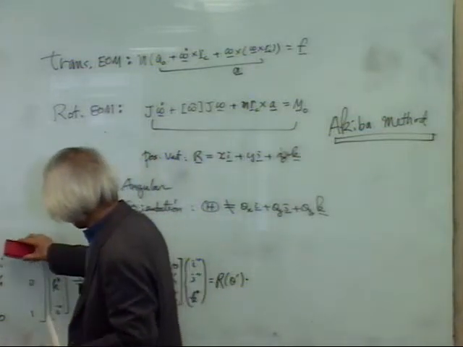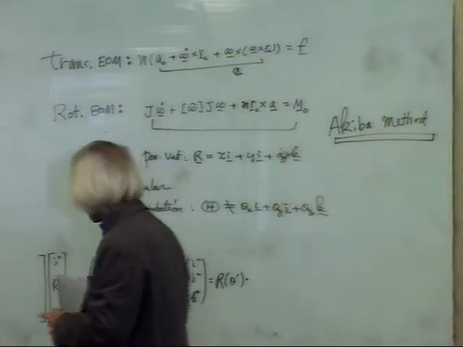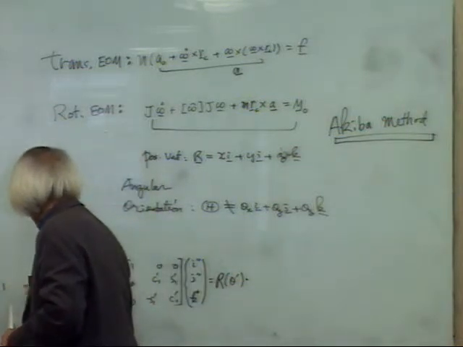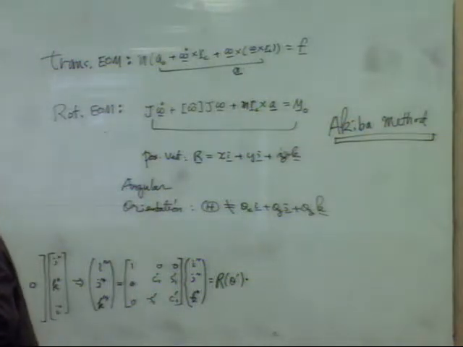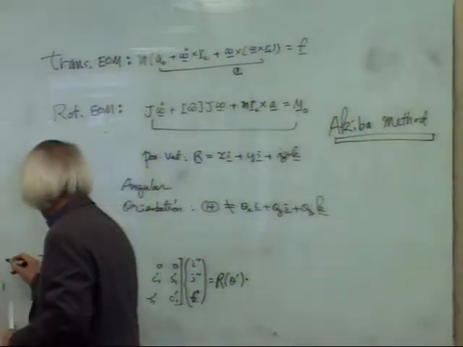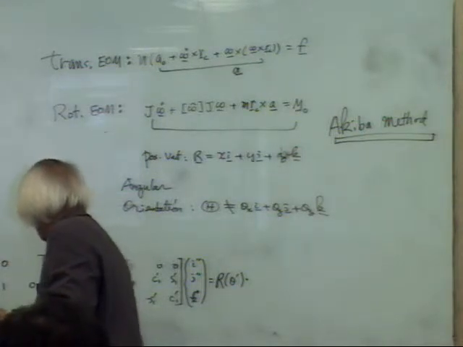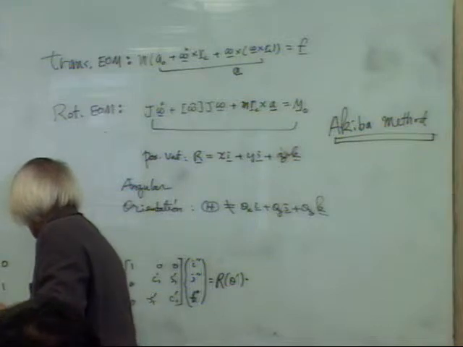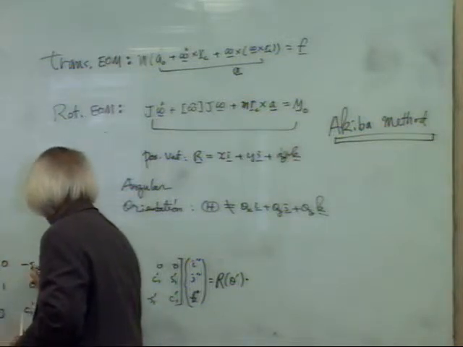So this is a mistake. This one was 1. That was a 3, and then 1, and 3. So it should have gone that way. This is C1, S1 prime, and C1, minus S1 prime.